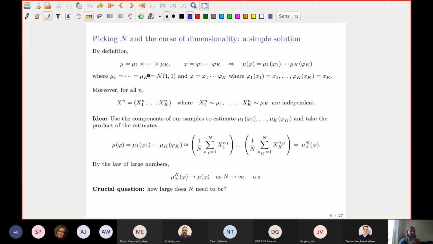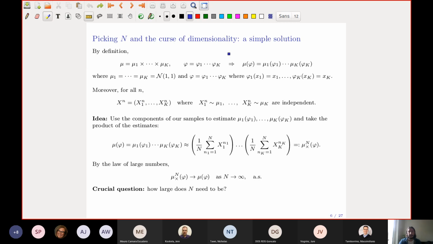And we already actually have everything we need for this, because if you look at these IID samples that we had from mu, each of them by definition is a tuple, and the components in this tuple are samples drawn from each of these marginal distributions. And on top of that, because of the product form assumption, they're independent among them.